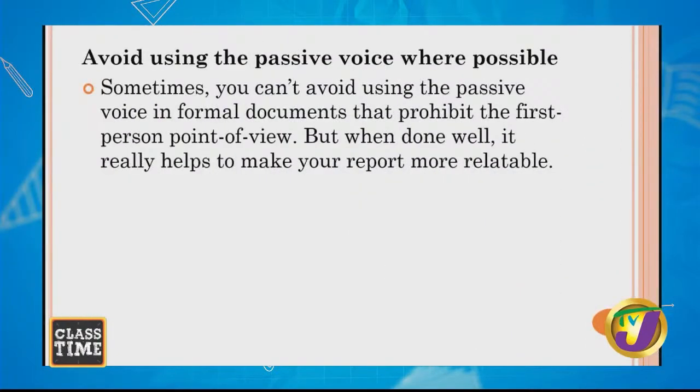Avoid using the passive voice where possible. Sometimes you can't avoid using the passive voice in formal documents that prohibit the first person point of view. But when done well, it really helps to make your report more relatable. All right. So you want, as it mentions here, your report to be more relatable, right?